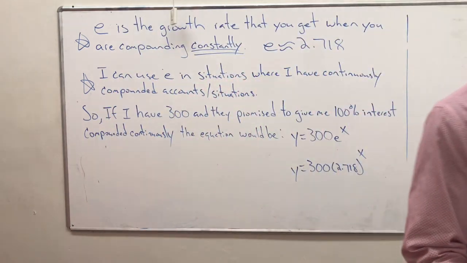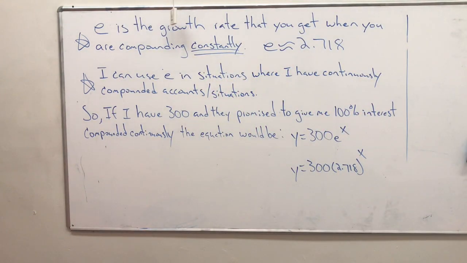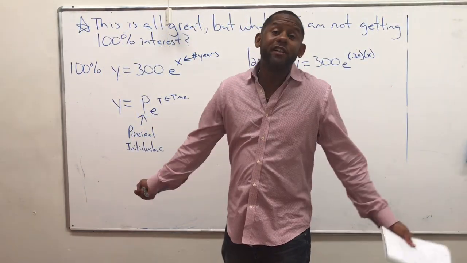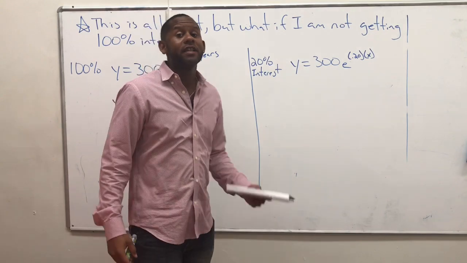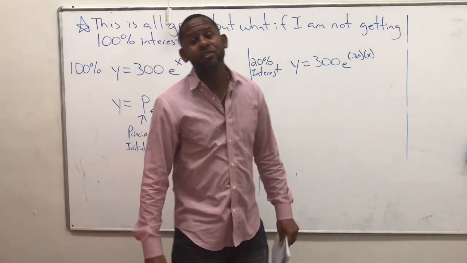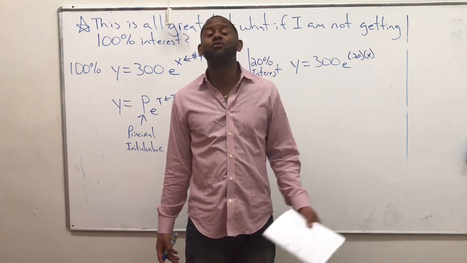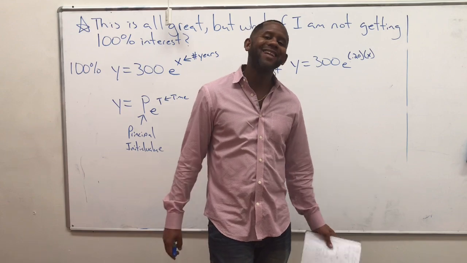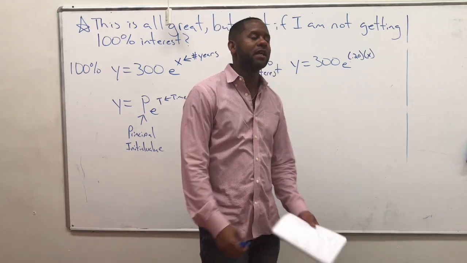All right, so now we're going to talk about how to use that even more. This is all great and lovely if I'm getting 100% interest. But I hate to break it to you, there are very few accounts that you are ever going to find where you're going to make 100% interest on your money. That just doesn't typically happen.